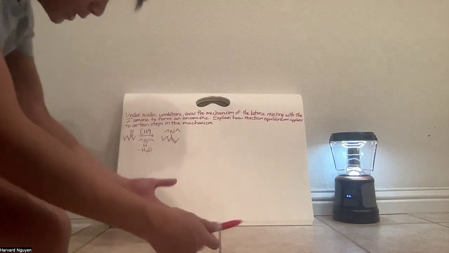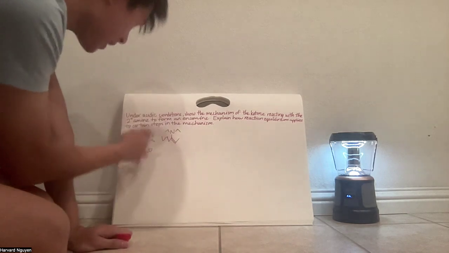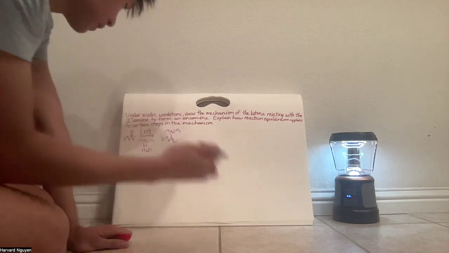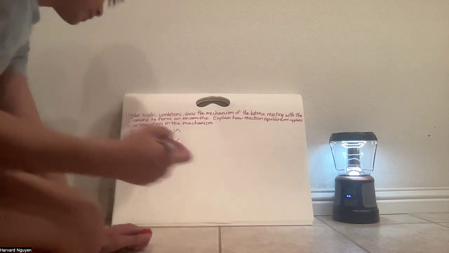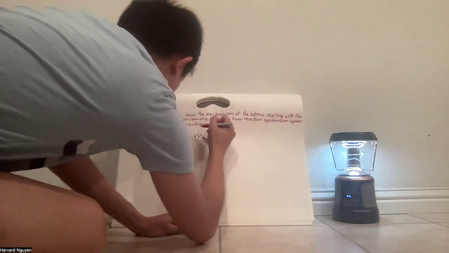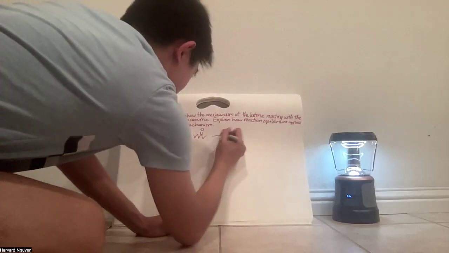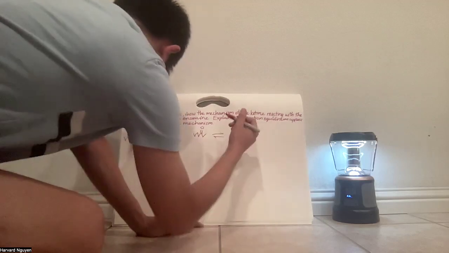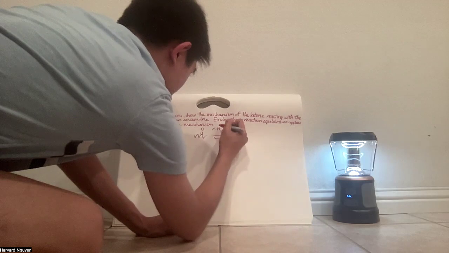The first step would be a nucleophilic attack of this diethylamine onto this ketone, and this ketone is heptanone. All right, so let's get to it. We're going to react it with the diethylamine.